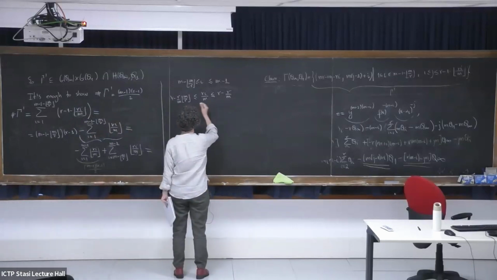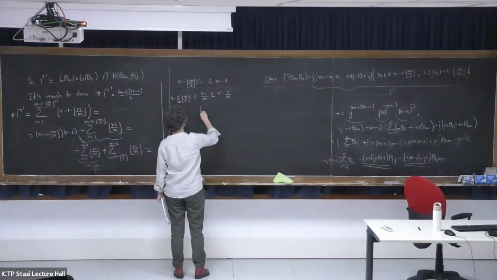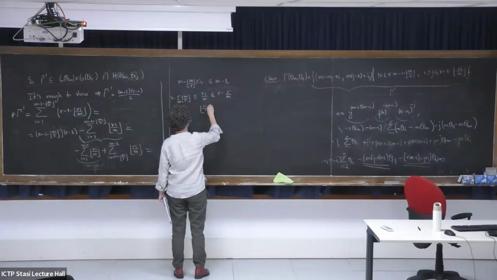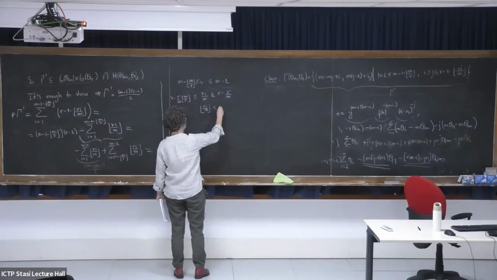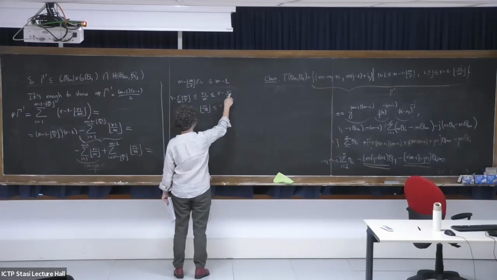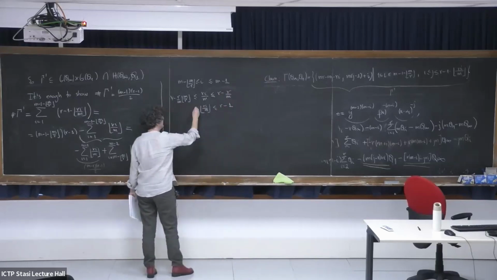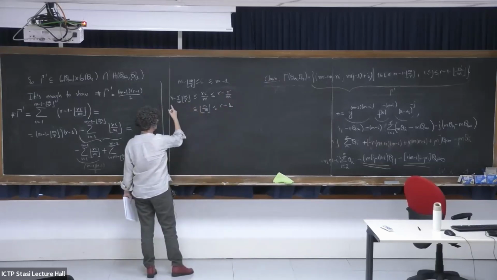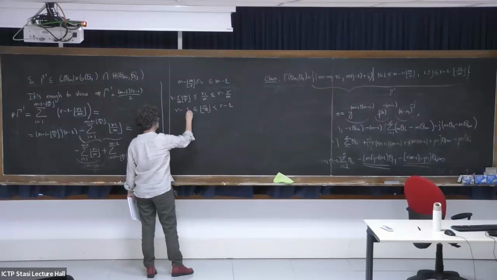So when you take floors here, we are lucky because the floor here will be just R minus this floor. Okay, so the floor of this guy is -1, so this is -1. And yeah, you can convince yourself that this is the same.